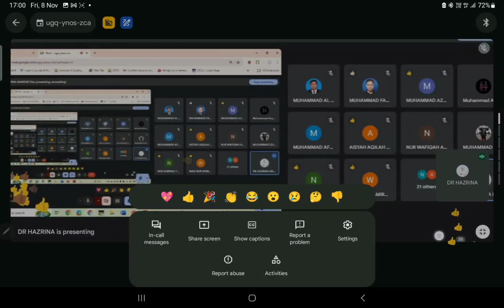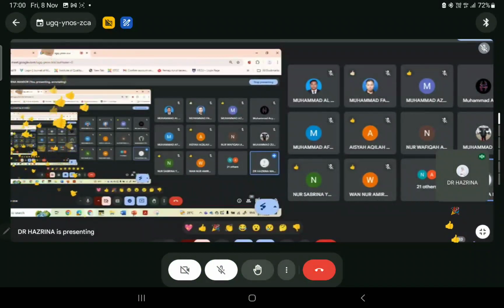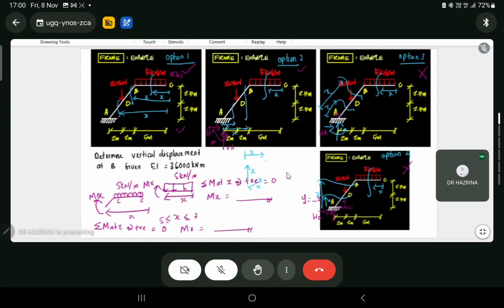Okay, so now it's already 5 p.m. So what I want you to do before our class next session, sebab next session I target nak masuk composite dan lepas tu kita boleh start sikit-sikit moment distribution method. Okay, so for this one, I nak you solvekan soalan ini menggunakan option 1 dan juga option 3.